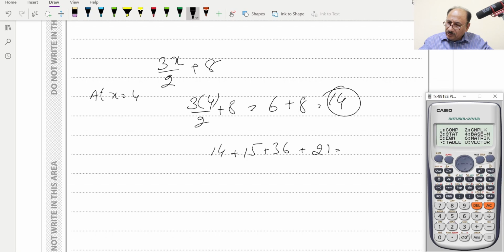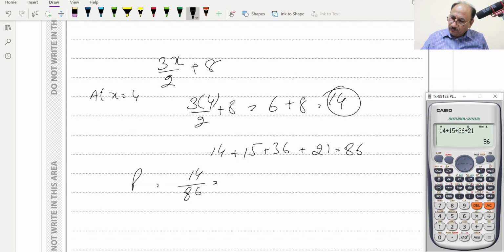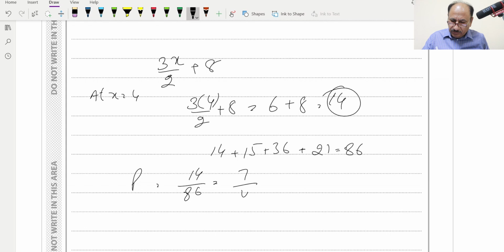This will be equal to 14 plus 15 plus 36, and plus 21 is equal to 86. The fraction for probability will be equal to 14 over 86, and this will be equal to what? 14 divided by 2 will be equal to 7 over 43. This will be the simplified probability.